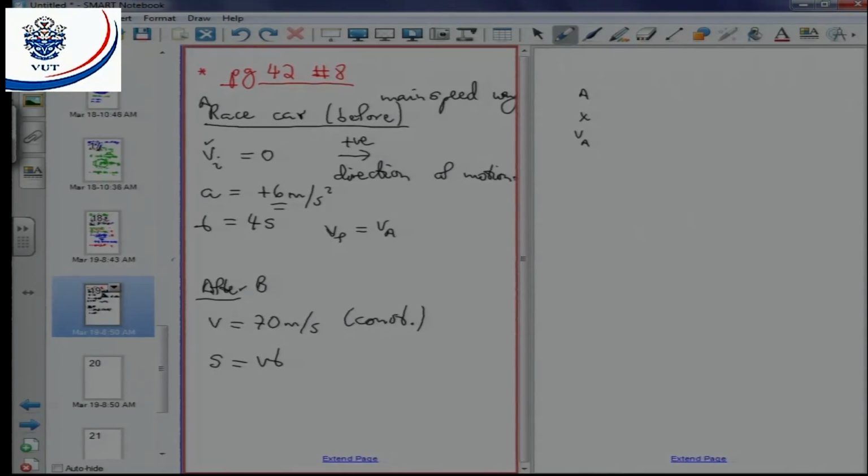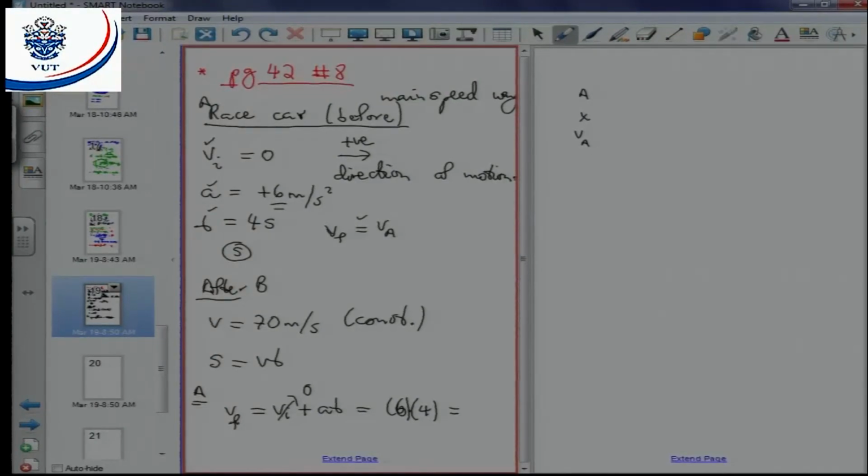So to find the final speed for car A, which I've called VA, we need to use equations of motion. So here we have VI, we have A, we have T. The equation of motion which doesn't have S is VF equals VI plus AT. And we are looking at car A. So VF is just, our VI is 0, our A is 6, and our time is 4.